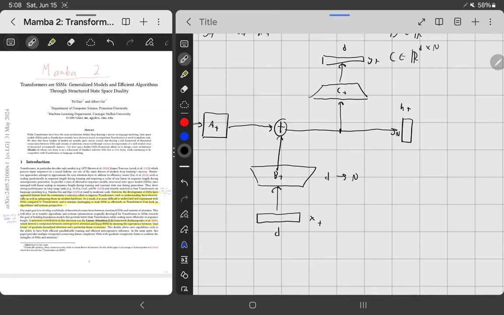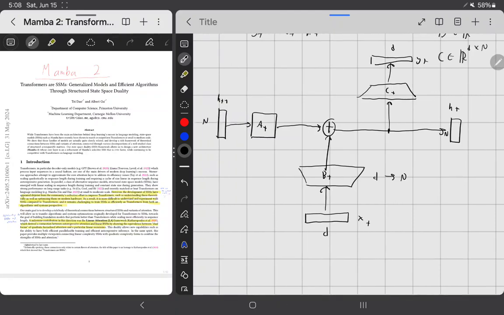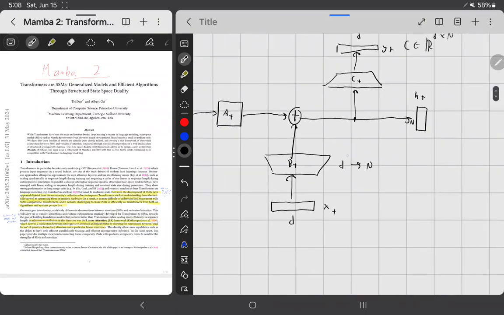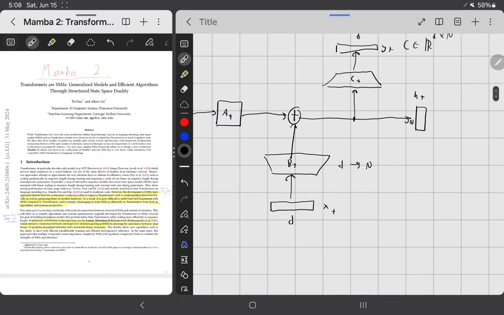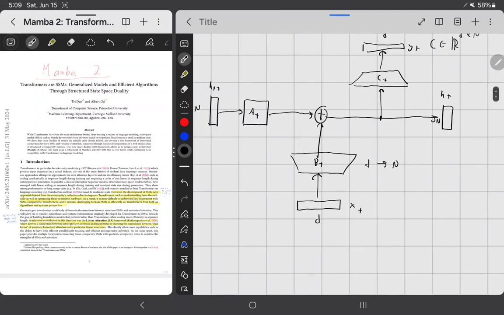You don't want this thing to diverge, and if you don't add structure to it, it will diverge. There were a lot of different ways to do that. The HiPPO matrix was one way. That was what they used in Mamba, I'm pretty sure. And that's why this was here. B and C, on the other hand, were parameterized, those were your parameters, like a normal RNN. So that's the normal SSM.